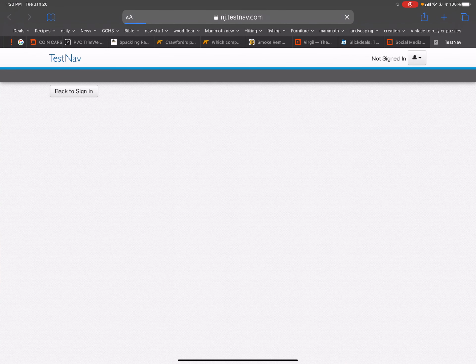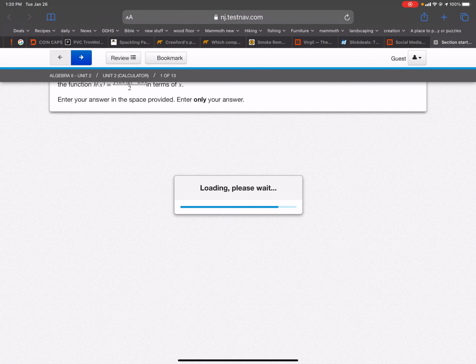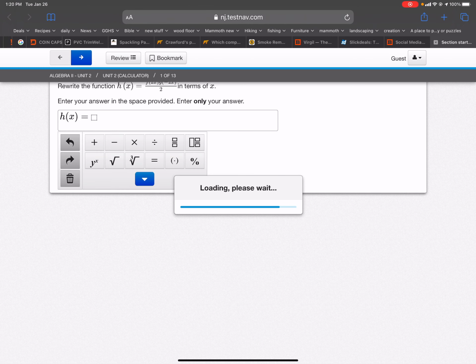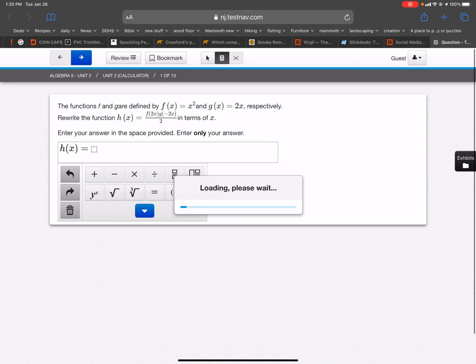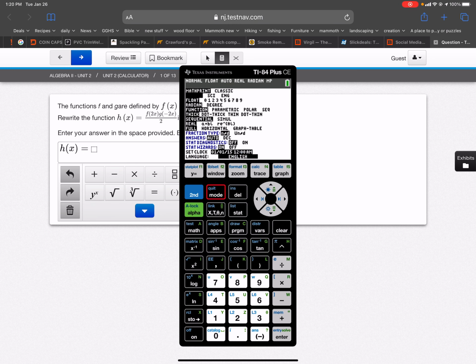So let's get this calculator back. All right, here we go. So hit mode, make sure, a few things here. Make sure that you are in radian mode here.